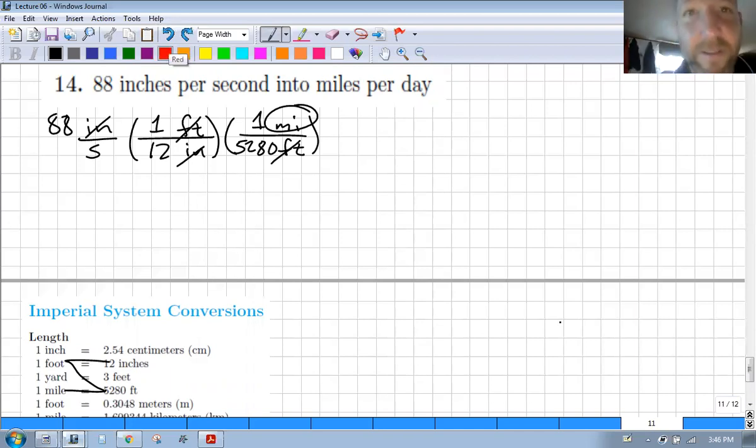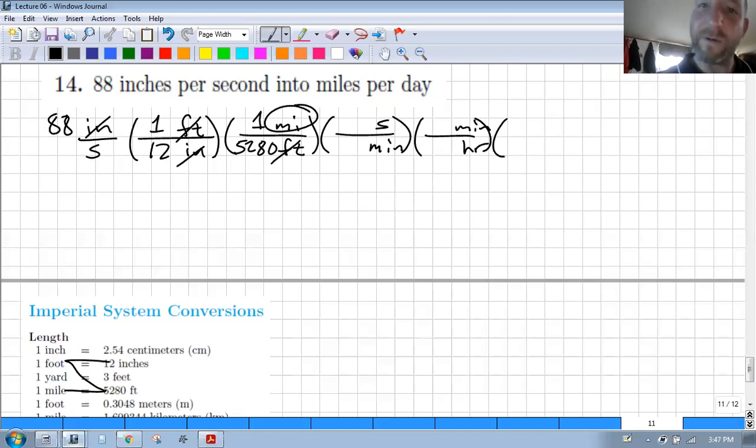Now we got to deal with the seconds down here. We got to turn the seconds into days. Now, careful, because the seconds are on the bottom. To get rid of them, we have to put seconds on the top. Let's get rid of seconds in favor of minutes, and minutes in favor of hours, and hours in favor of days.